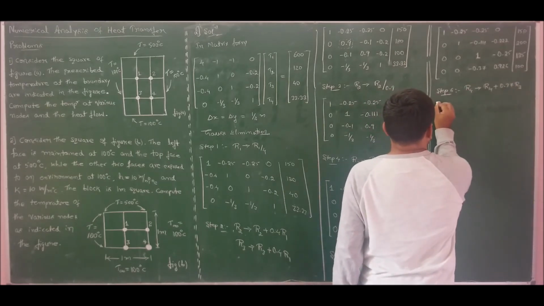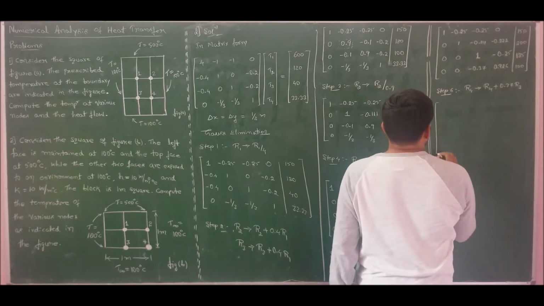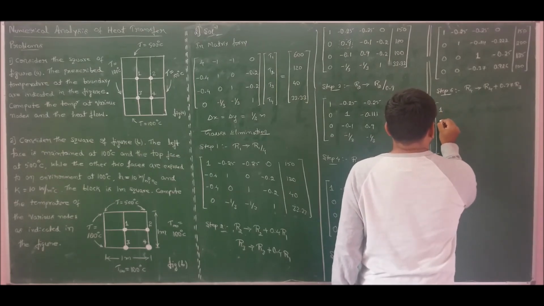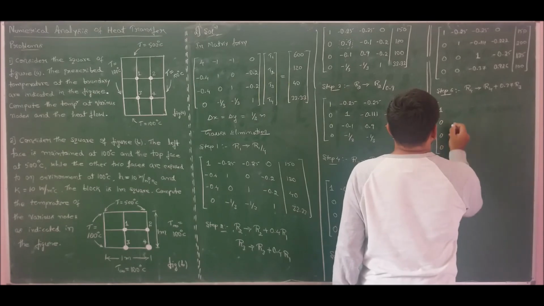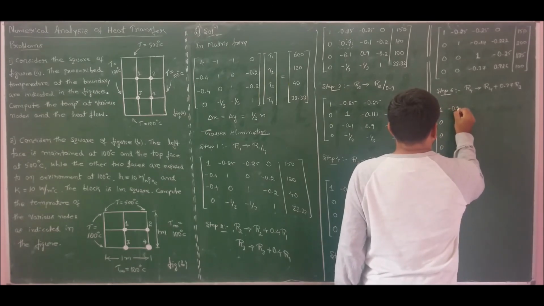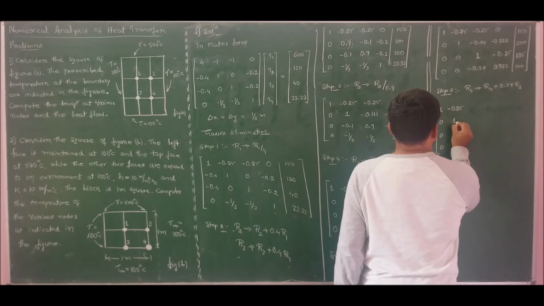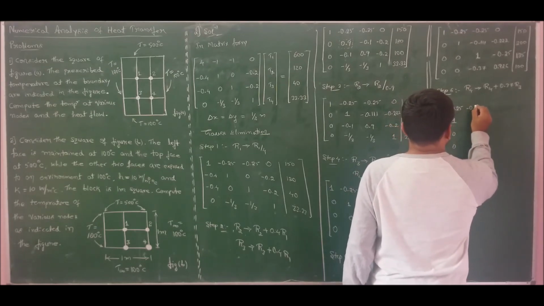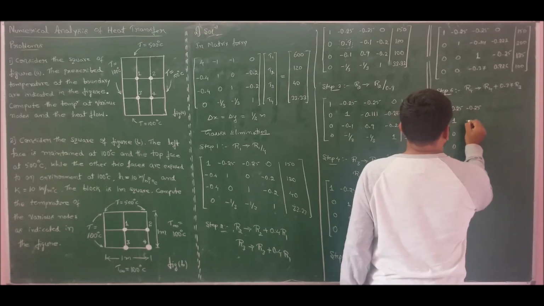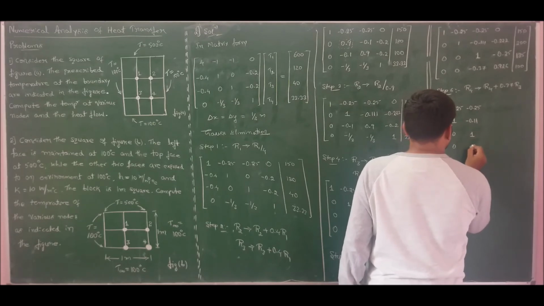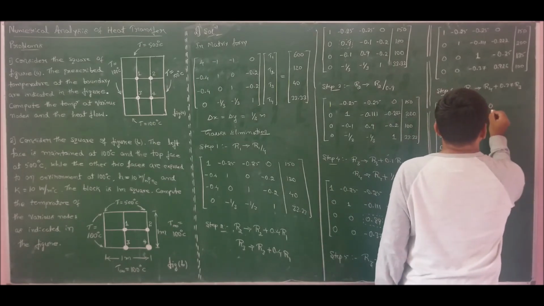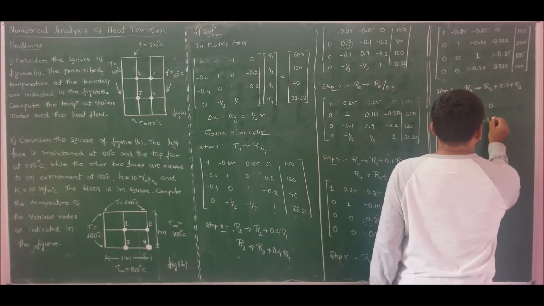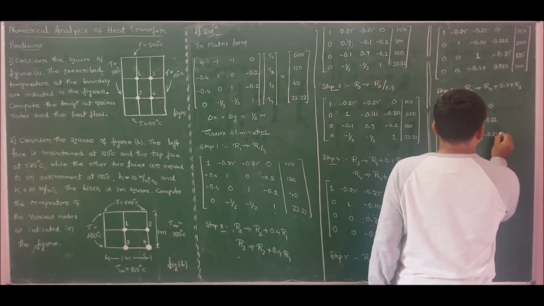So we get the final matrix as 1 0 0 0 minus 0.25 1 0 0 minus 0.25 minus 0.11 1 0 0 minus 0.22 minus 0.25.